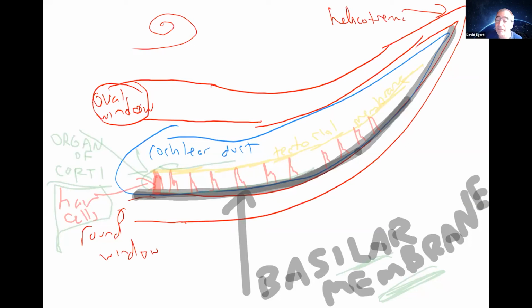So there's this idea of mechanical resonance. If you take any object, I have a glass. Just by its physical structure, it has a particular frequency it vibrates at.